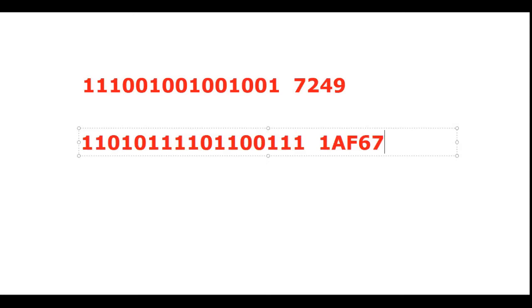When you get the decimal equivalent 10, you should convert it to A. When you get decimal equivalent 15, you must convert it to F. Shall I give you one more? Okay, let's take one more then.